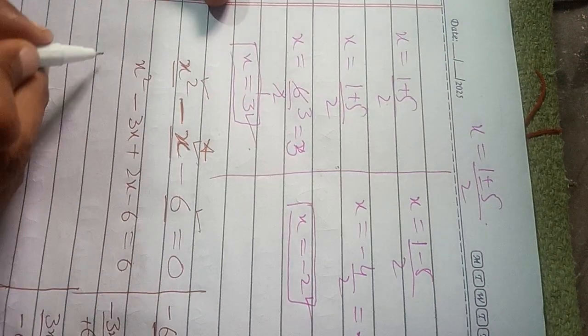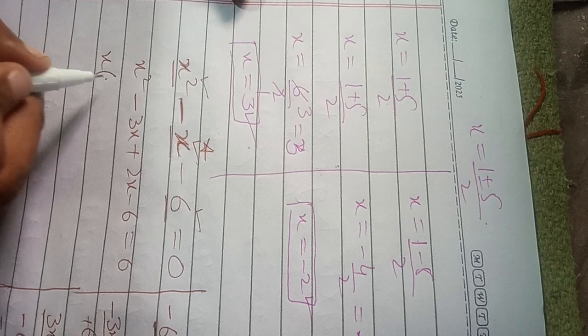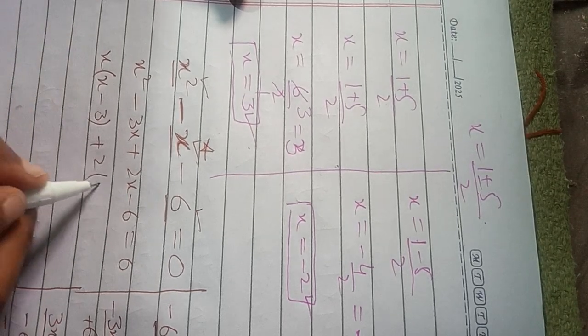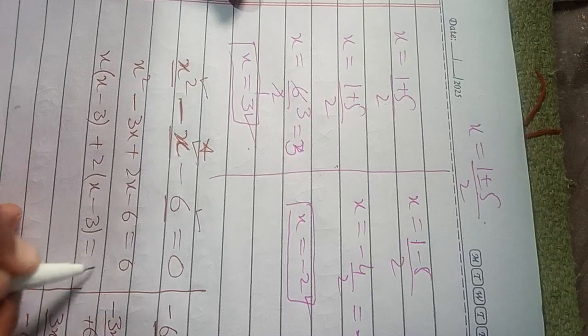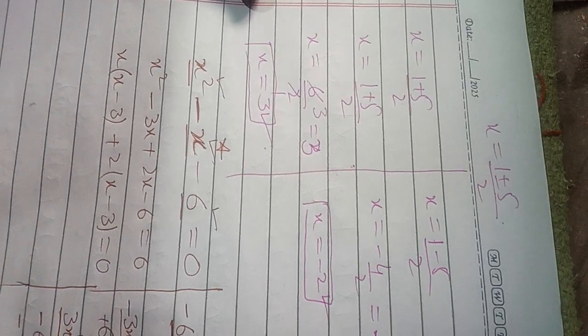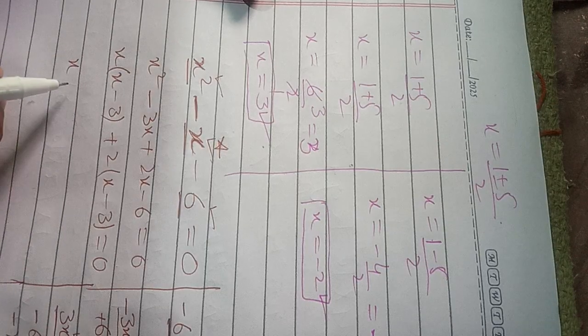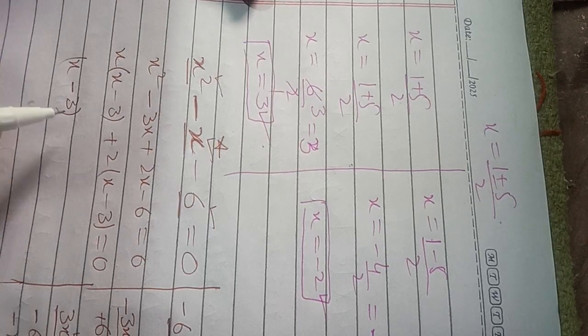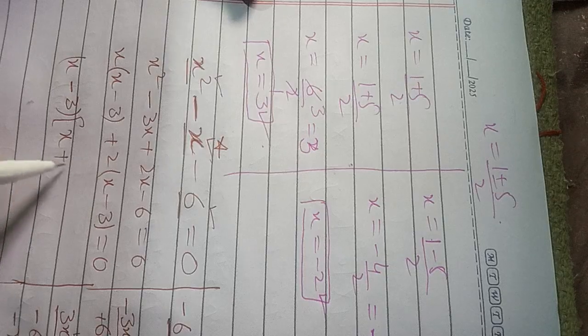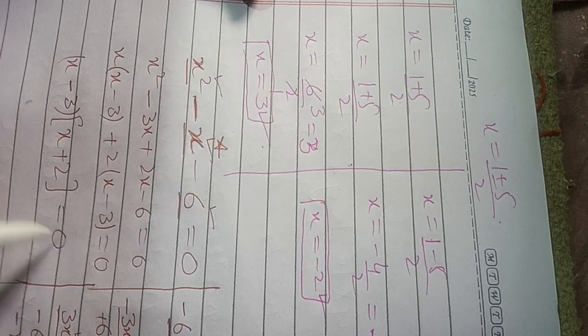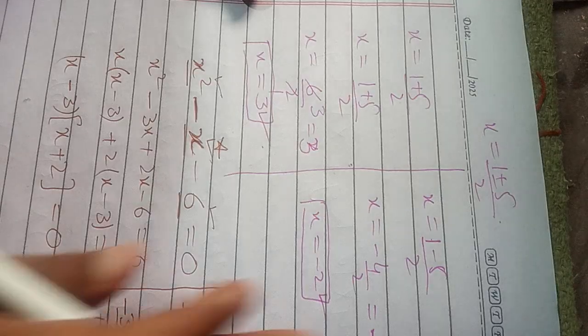Now let's take x common, it will be x minus 3. Let's take 2 common from both of them, it will be x minus 3 equal to 0. So from both the terms we have x minus 3 common, and the remaining terms, x plus 2, will be equal to 0.